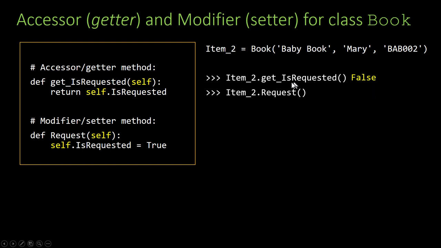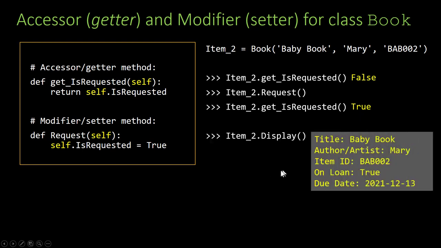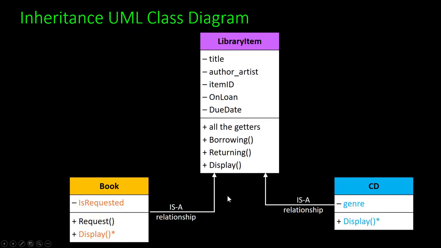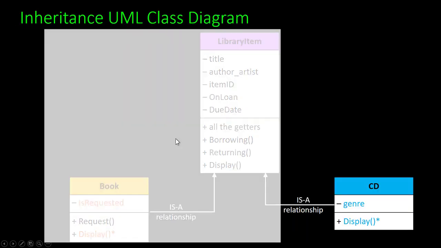It merely changes the status of isRequested. And when you use getIsRequested, it will turn out to be True. But you realize that if you call the display, it does not show the information about the attribute isRequested, because the display method is from the parent class. We will talk more about writing the code for this display method for the subclass when we learn about polymorphism.